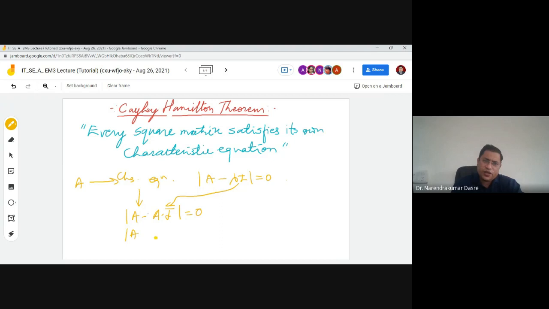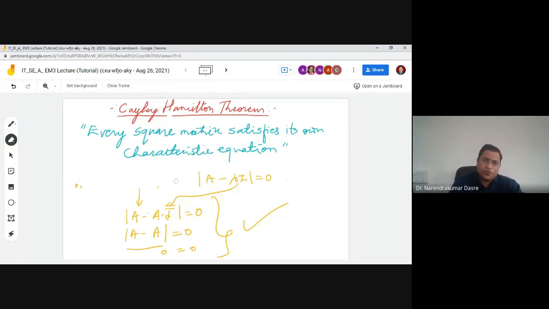A minus A is equal to 0, so it is 0 equal to 0, which shows that every square matrix satisfies its own characteristic equation.